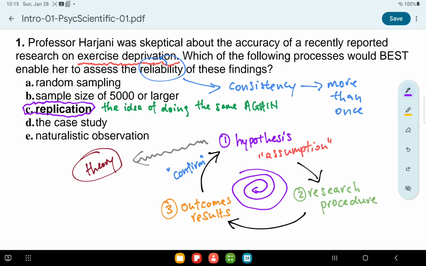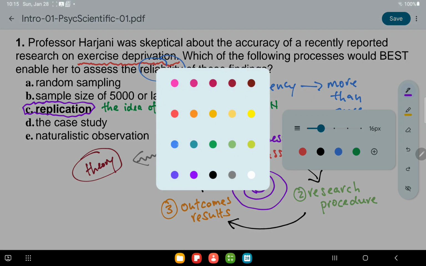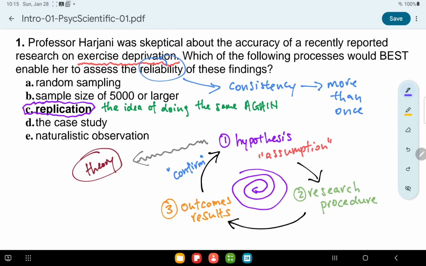Now, random sampling supports reliability, yes, because random sampling reduces bias. Do you see random sampling reduces bias? So random sampling is not a bad answer, okay?